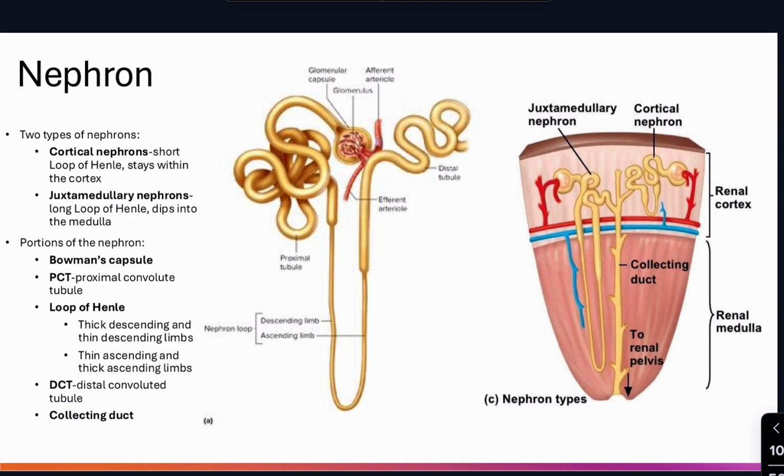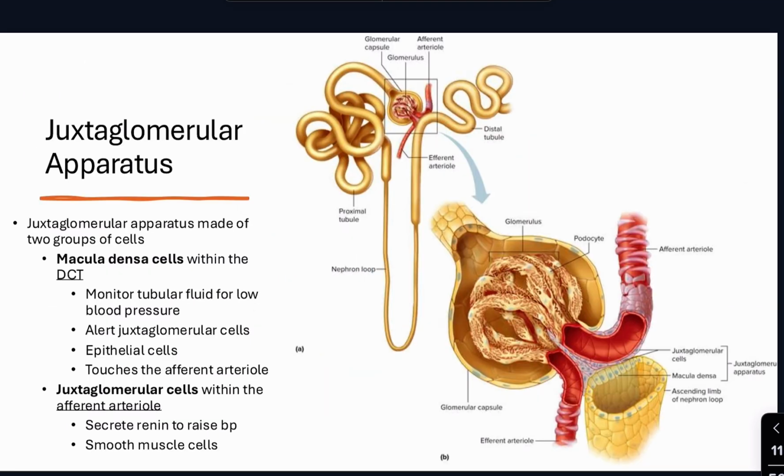Now, I just added this slide as an FYI for anyone who is interested in kidney function, or maybe as a little preface to what you may learn or may have already learned in Dr. LaCroix Freilish's section. The juxtaglomerular apparatus is a very important system that is important for the regulation of what's being absorbed, our blood pressure, and tubular fluid pressure.